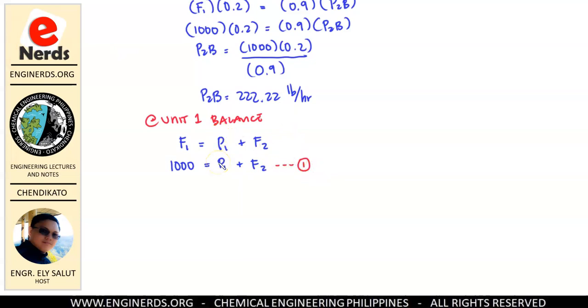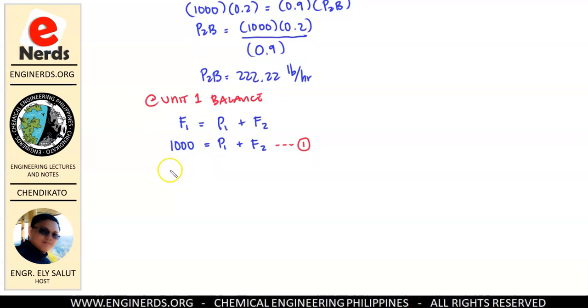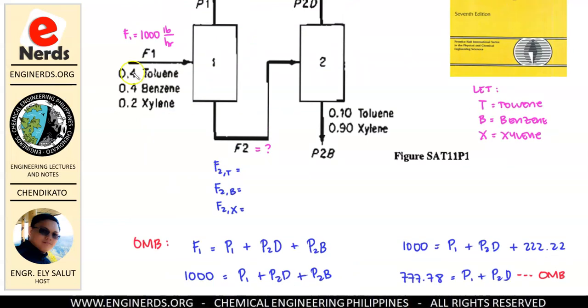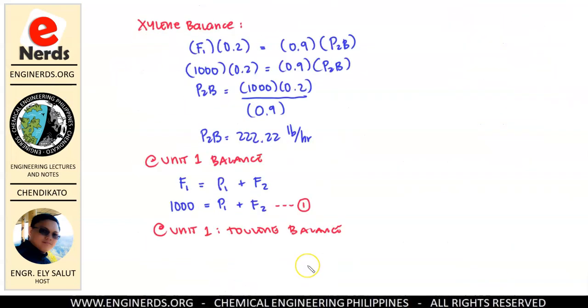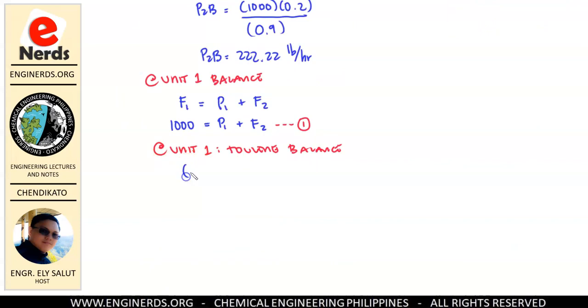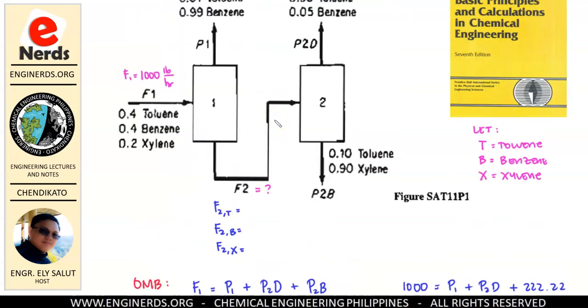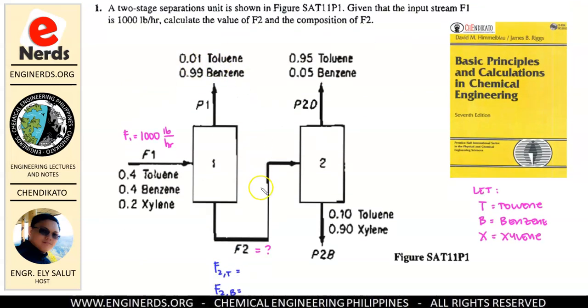Now, dito sa ating unit 1, let us have toluene balance. Sa ating F1, we have 0.4 of toluene. So we have 0.4 times F1 is equal to, in our P1, how much is the toluene? 0.01 of toluene.